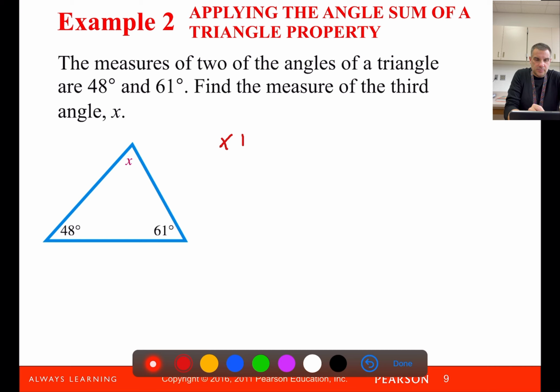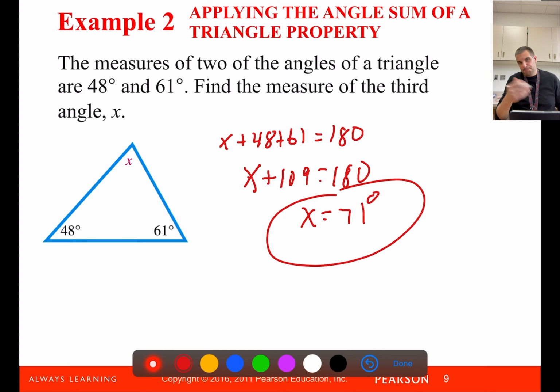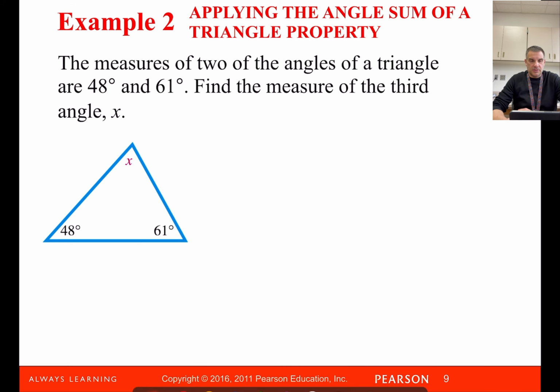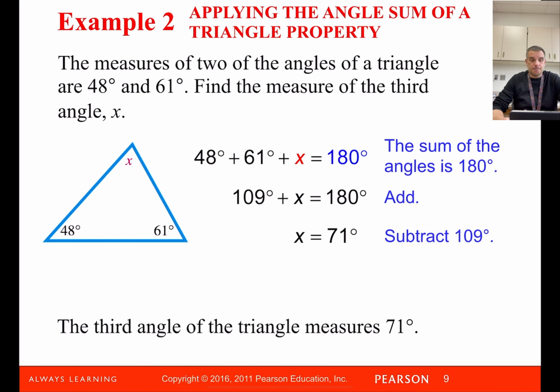So x plus 48 plus 61 has to be 180 degrees. 48 plus 61 is 109. So x plus 109 equals 180. Subtract, you get x is equal to 71 degrees. There you go. That's the measure of the third angle. 3 angles have to add up to 180 degrees. Exactly what we get.